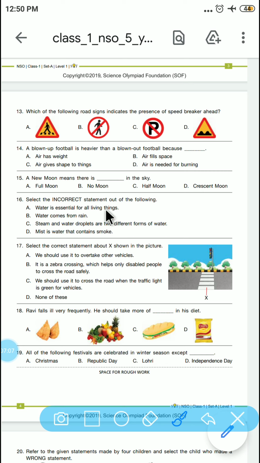Which of the following road signs indicates the presence of a speed breaker? Option D, friends. A blown up football is heavier than a non-blown football because air has weight. Of course, it is the correct option right now.